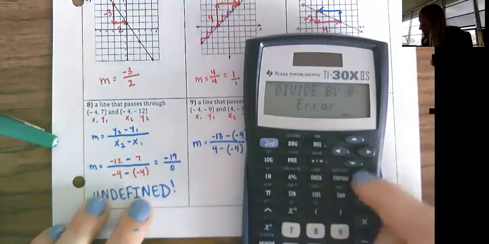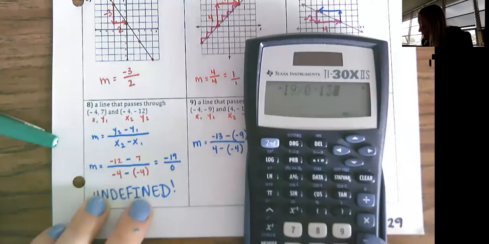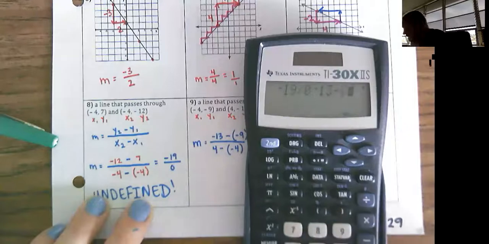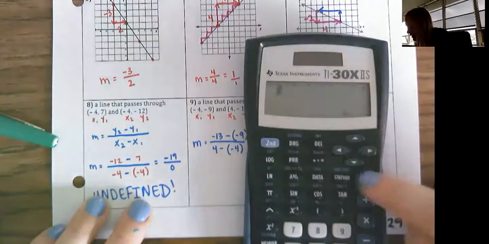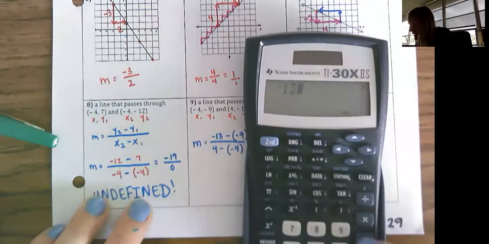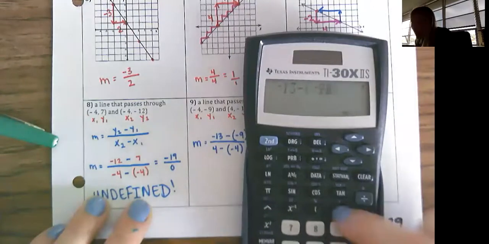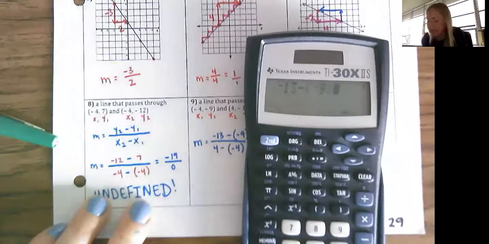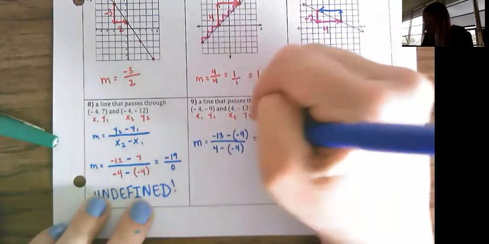Okay, so let's type this in. Negative 13 minus parenthesis, negative 9. And you can type in parentheses on the Desmos calculator as well. And I get negative 4 for my numerator.